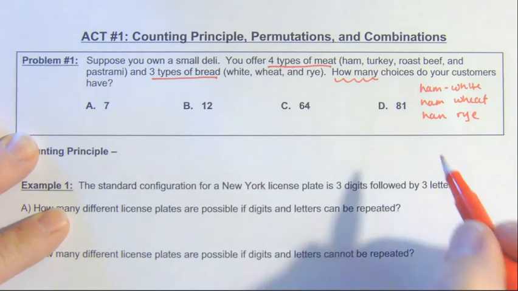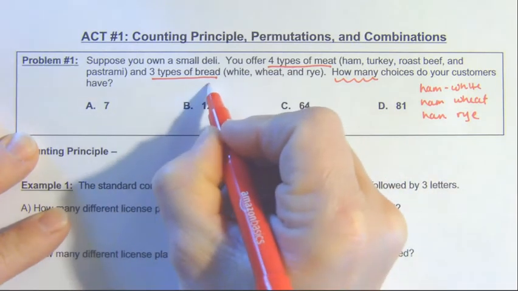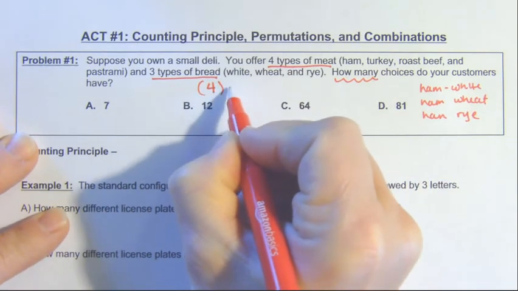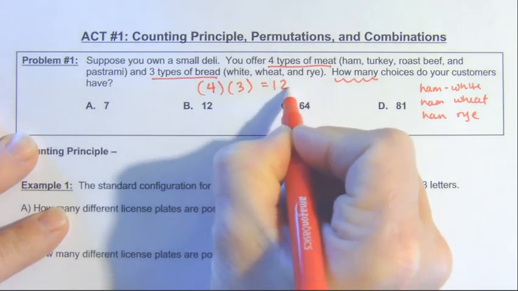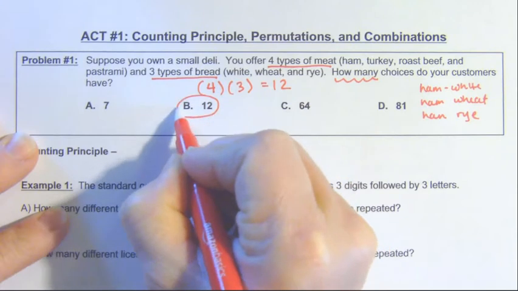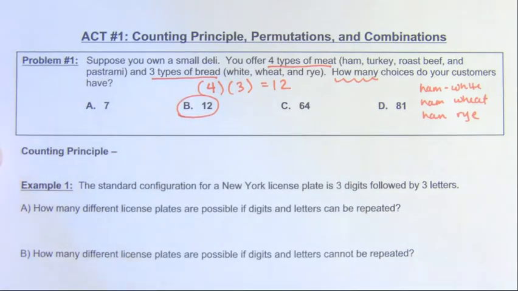So the quicker way to do this would be to take your types of meat, which is 4, times the types of bread, 3. So 4 times 3 is going to give us 12. This is called the counting principle.